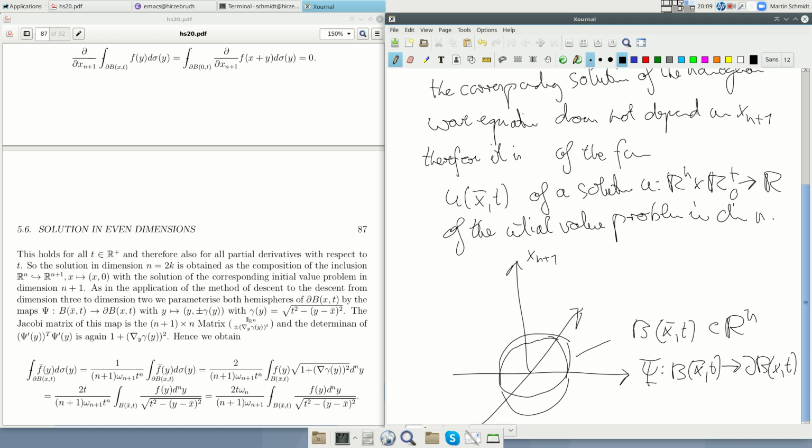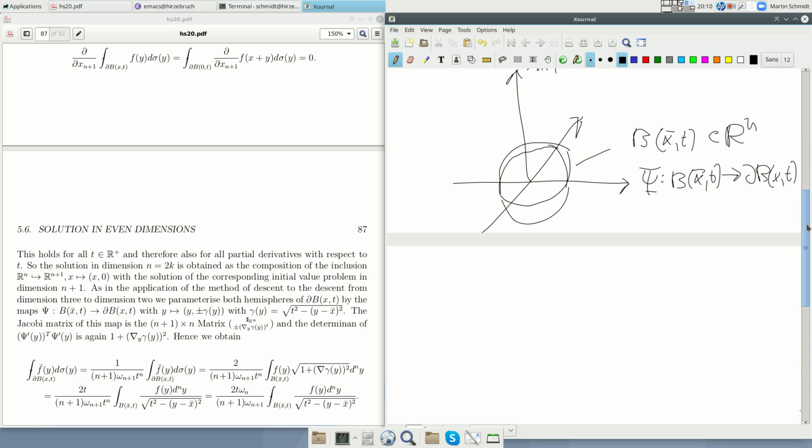This map is again exactly of this form, completely analogous.